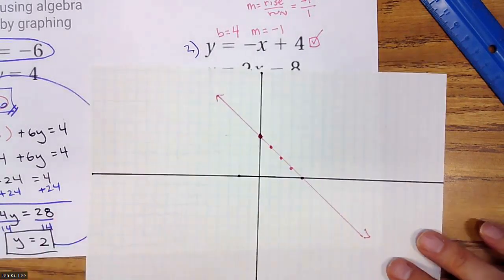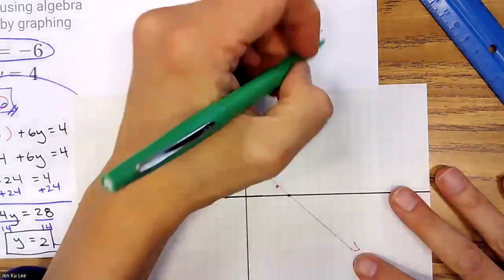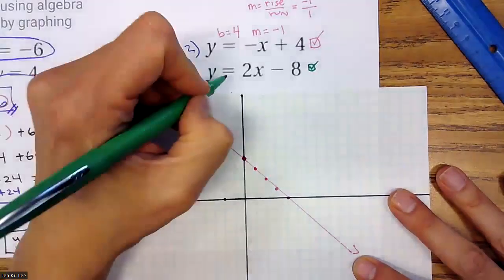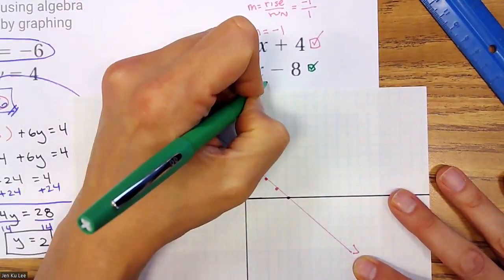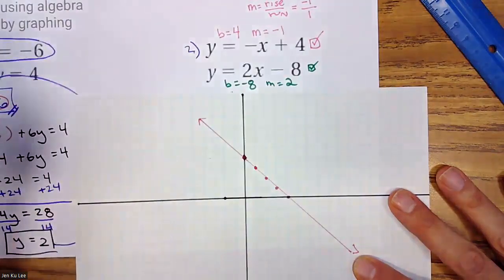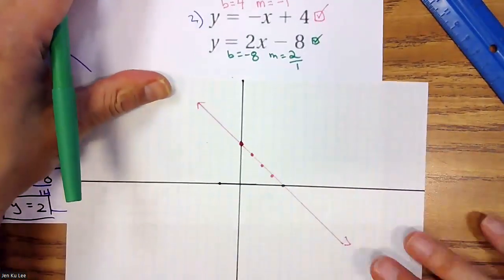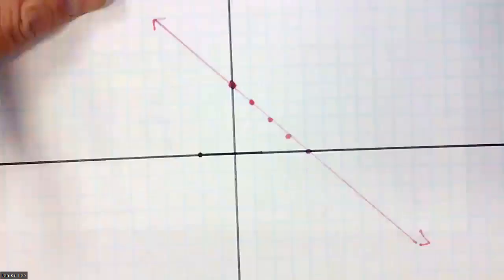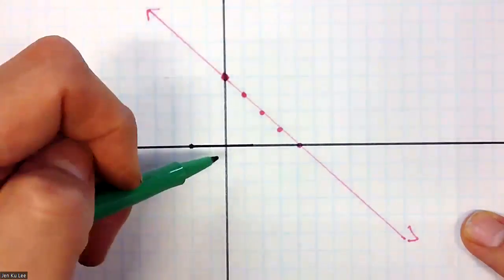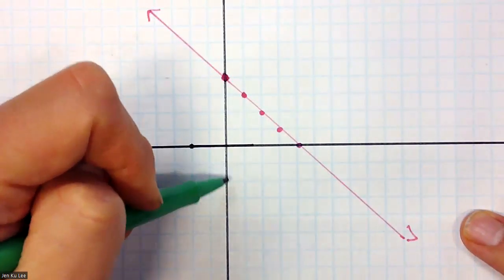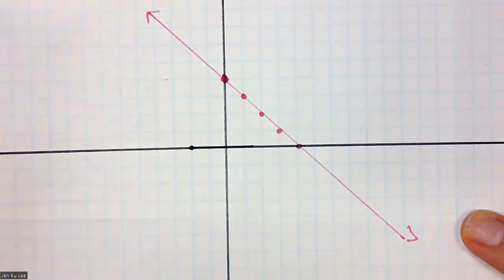The next line, I'm going to graph that in green. My y-intercept is -8. My slope is 2 over 1. Okay. And I'll let you know why I went 2 over 1 for my slope. So my y-intercept is -8. 1, 2, 3, 4, 5, 6, 7, 8. Right?